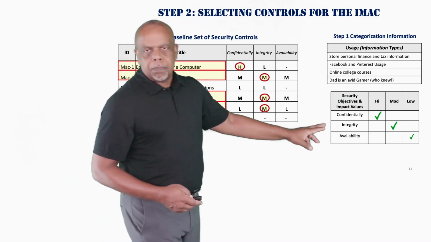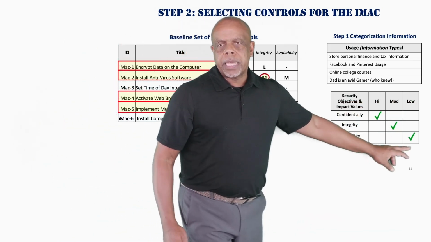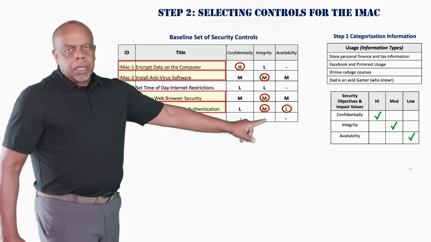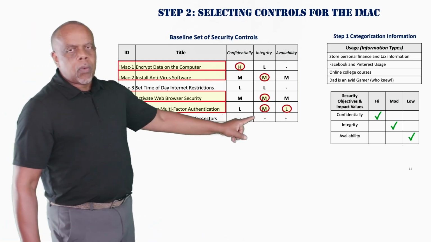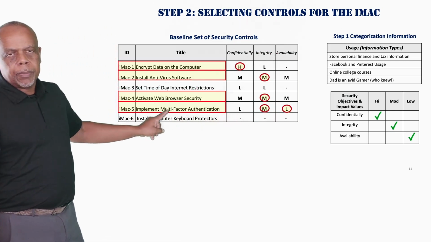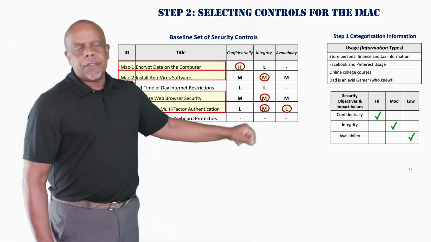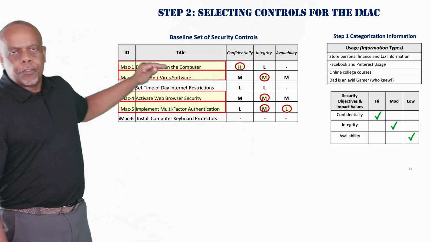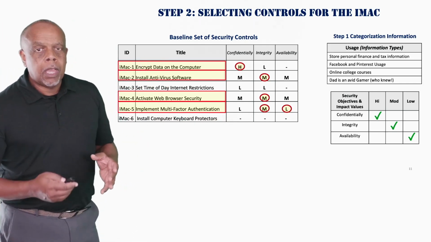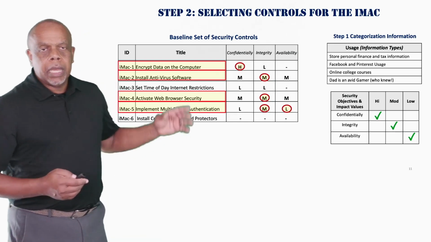And if I look at availability, we categorized that as low. In the availability column, there's one control, which is to implement multi-factor authentication, and I've already selected that one anyway. So here are the 4 controls that I need to select to implement for my parents' computer.